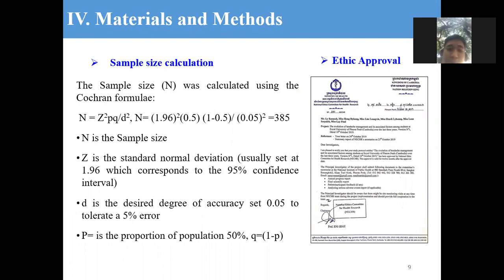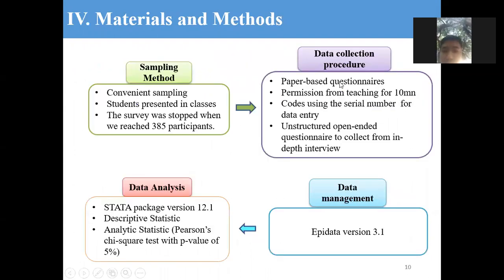Our sample size was calculated using the cohort formula, and our sample size equals 385. About the sampling method, we used convenience sampling on students present in the class. The survey was stopped when we reached 385 participants.